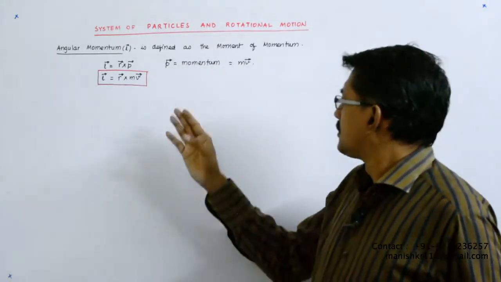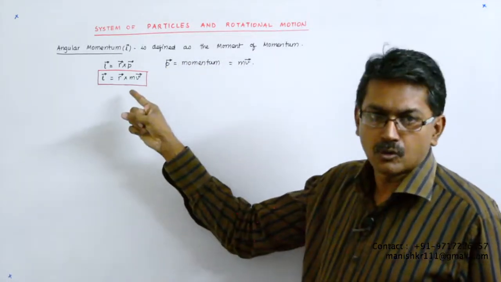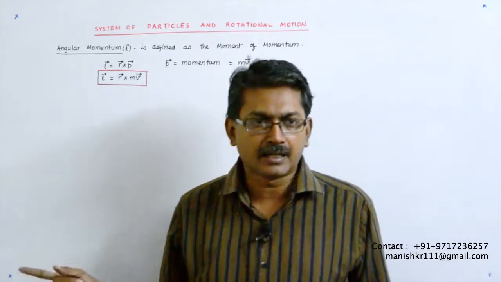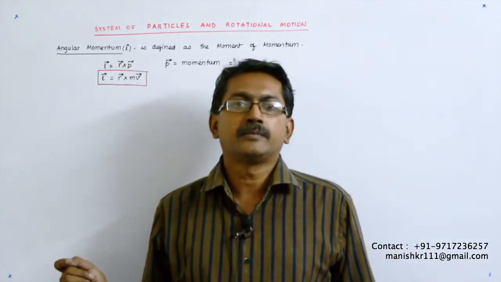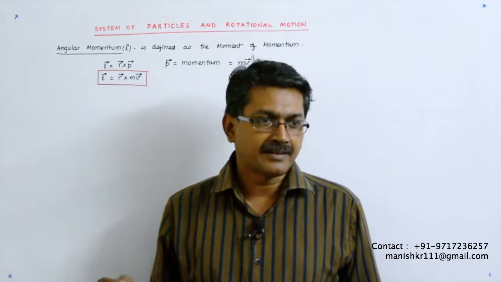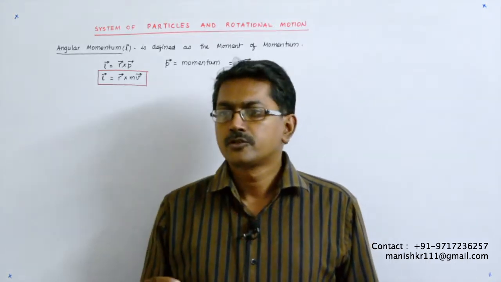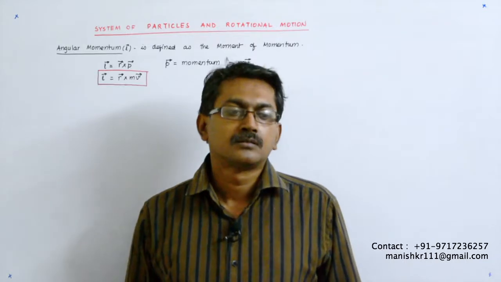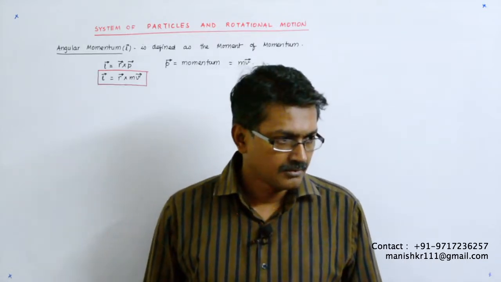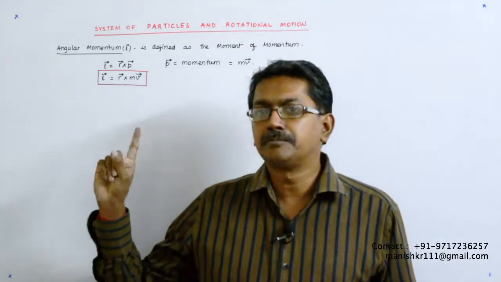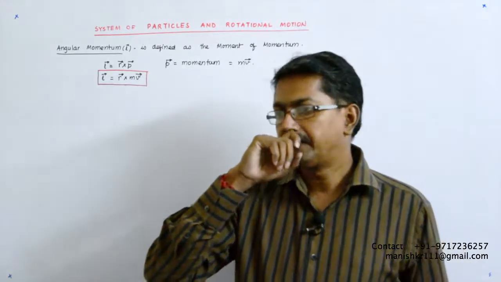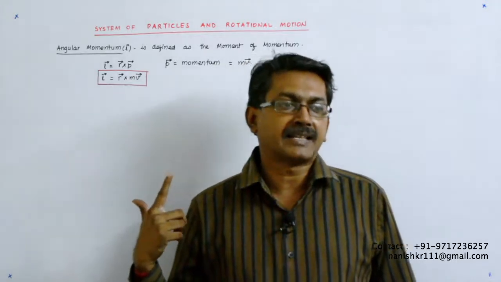So somehow, if this is the angular momentum, this should also be producing what? That the rate of change of this should be giving me a torque. Is it not? So that must be the compulsion for defining the angular momentum like that.